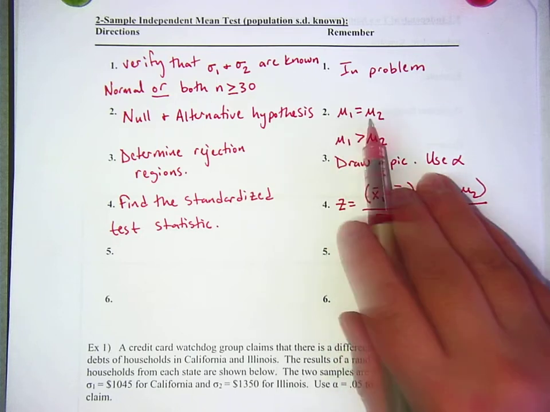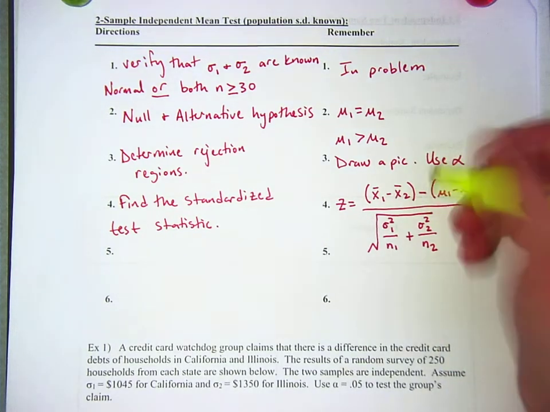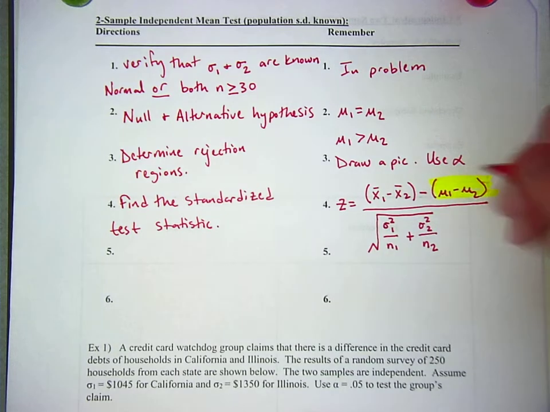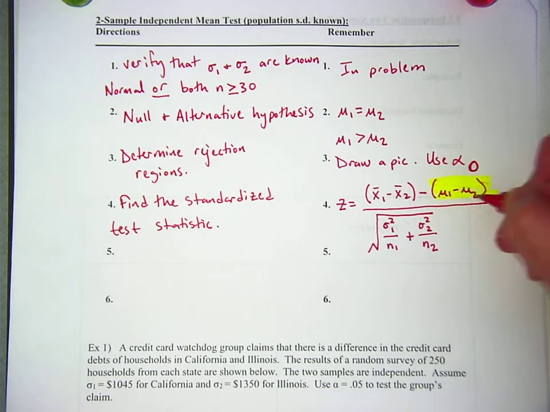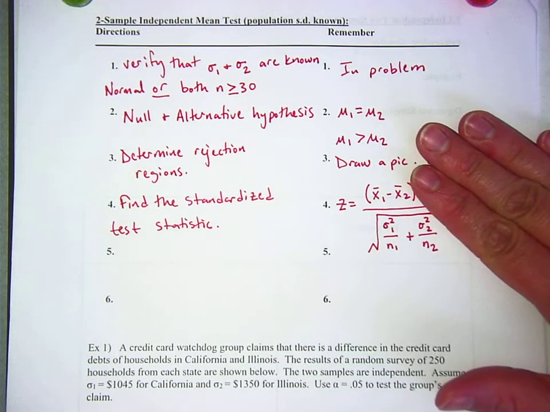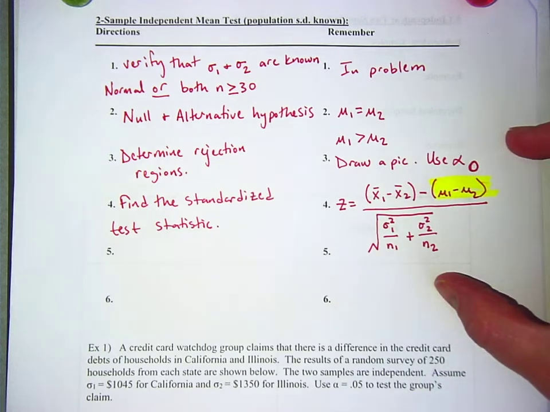If two means are equal, then if you subtract them, this is 0. So in every single problem you do, this will be 0. All of it will be 0, because this minus this, they're the same thing. You don't even need to include it in your formula. You could just have this on the top of your formula. I just want you to be prepared, because you will see this formula on your sheet.